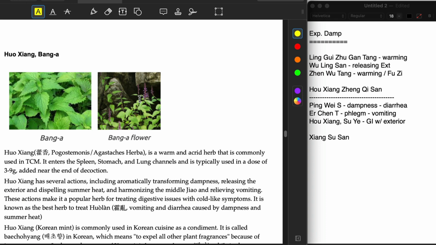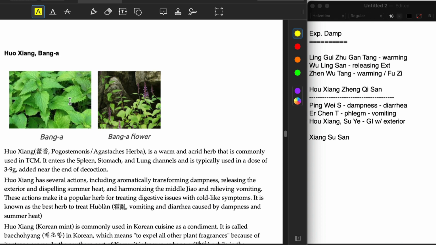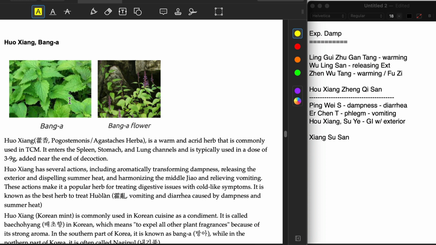And it has a fragrance, and this leaf looks like what? Looks like perilla. And this is very similar to perilla. And this Suye is perilla. And Xiang is Korean mint. So they both have a double action. So Korean giant mint, Xiang, and Suye is perilla.